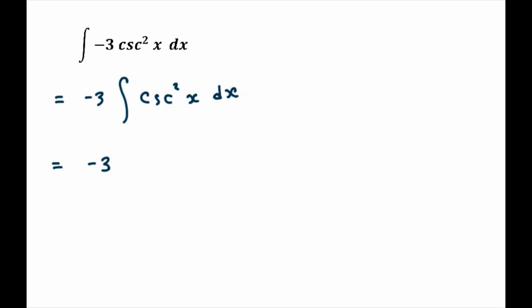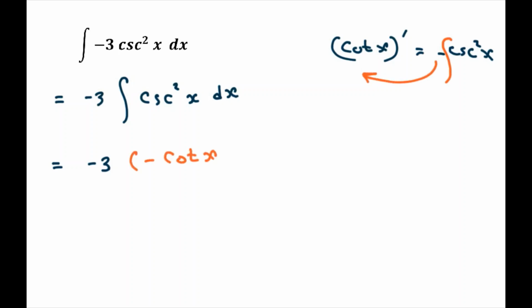Cosecant squared, the derivative of cotangent is going to be negative cosecant squared x. Now I want the integration of the cosecant squared. It will be negative cotangent x plus constant. Just make it simple: 3 cotangent x plus c.